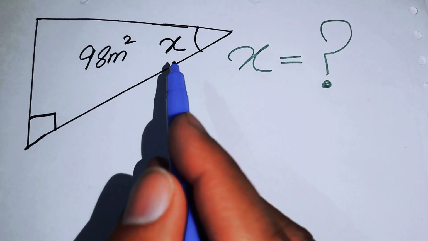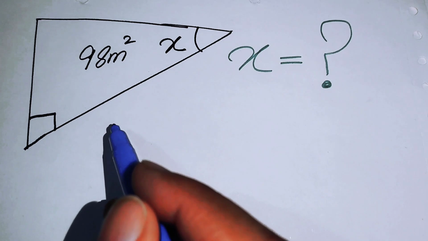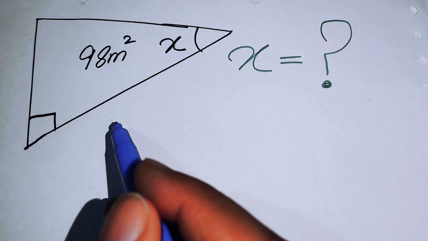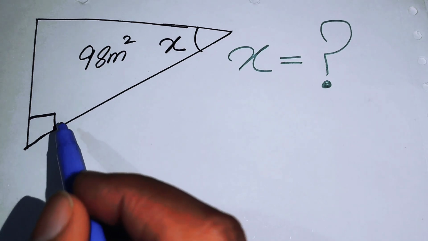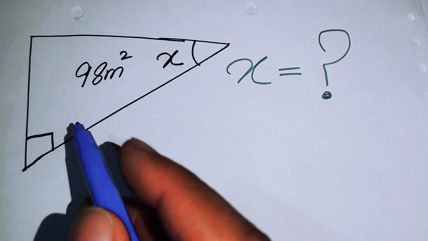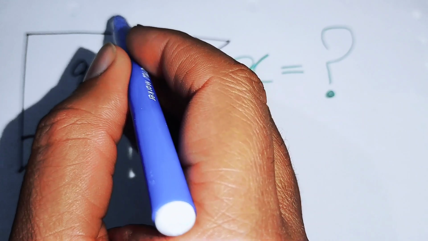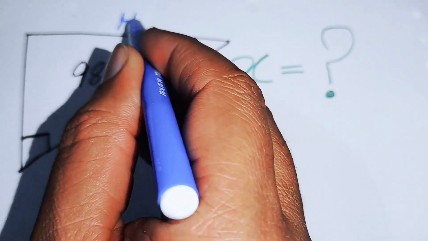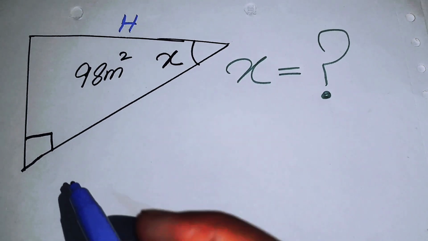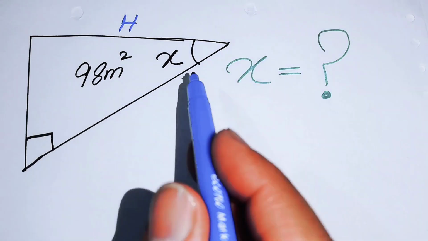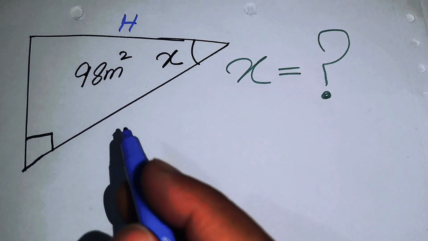So here you see that this is a right triangle, and we very well know that the side opposite to the right angle is known as the hypotenuse. So this side is the hypotenuse, and the side which joins these two angles is known as the base.